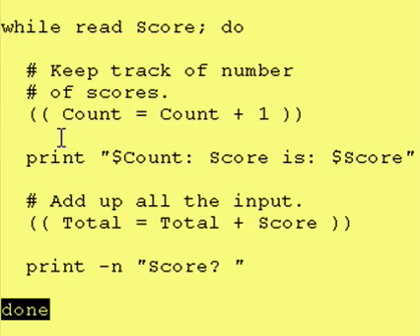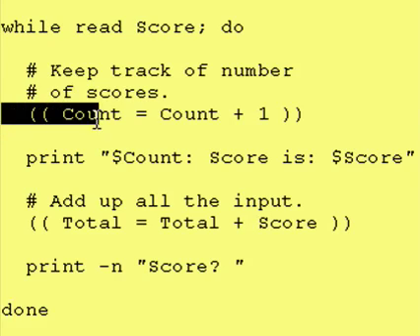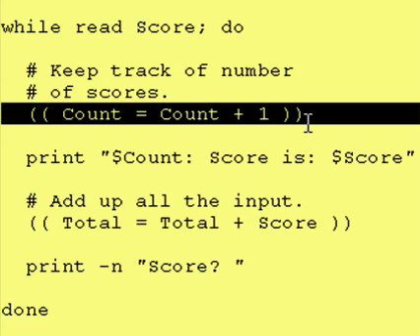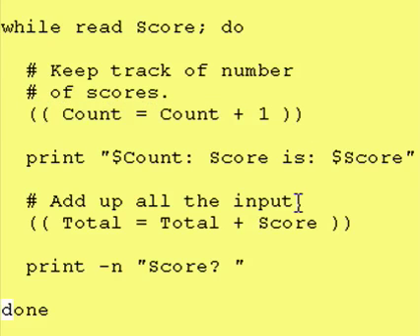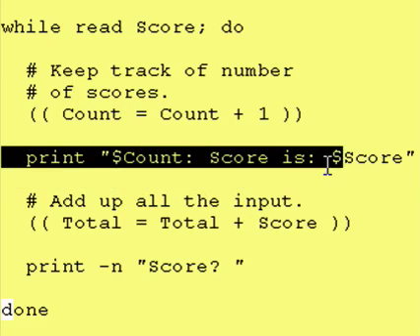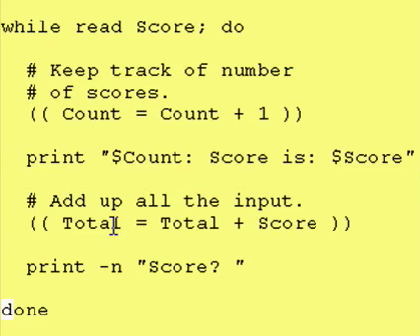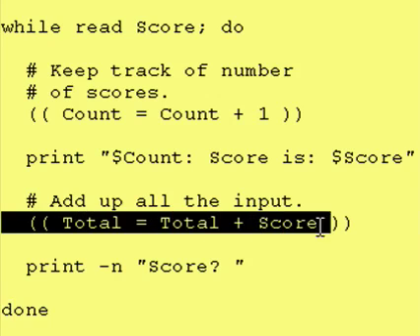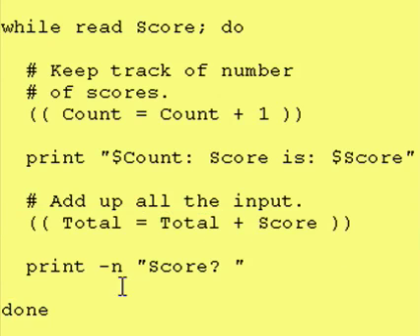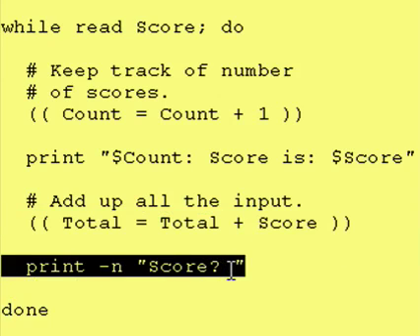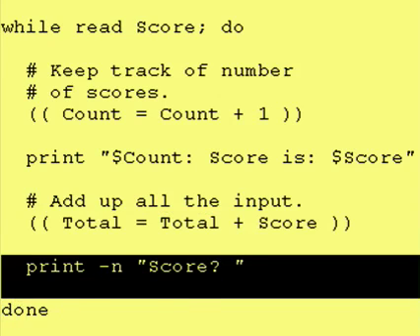And what that does is it increments our counter by 1, so we know how many entries they have entered. It simply prints out the entry number and the score they entered, just for our peace of mind. It then adjusts the total, and it prompts the user to enter a new score.